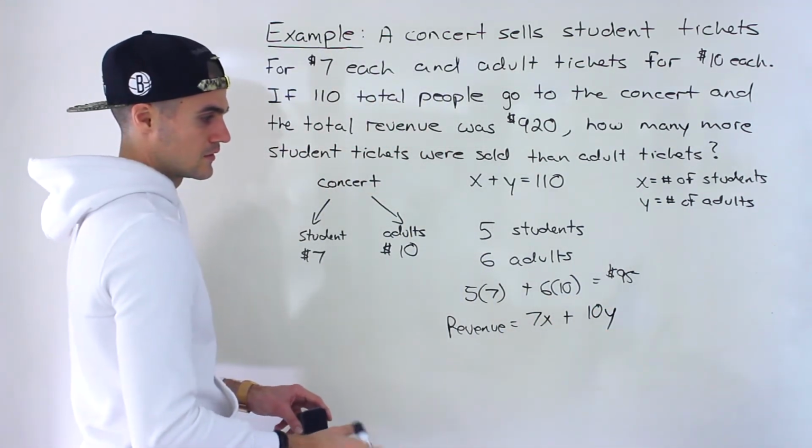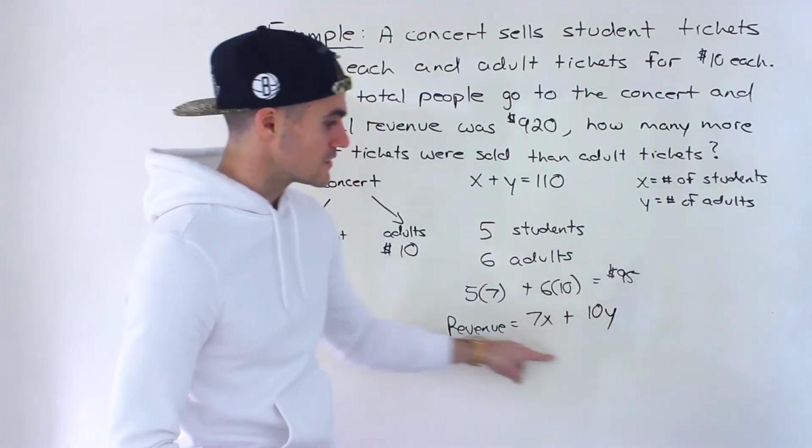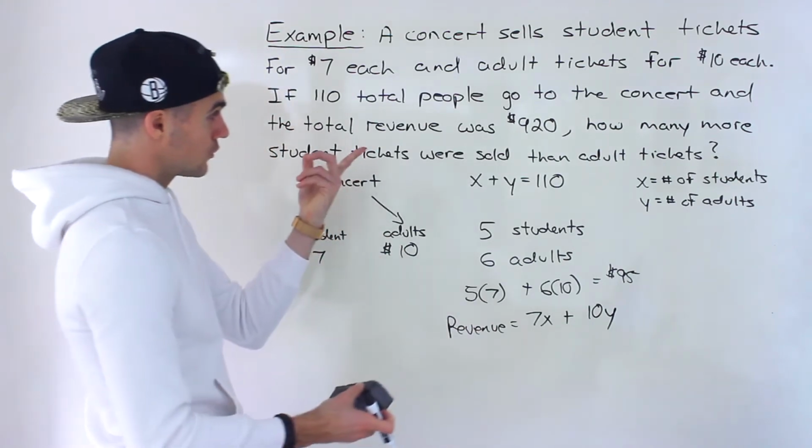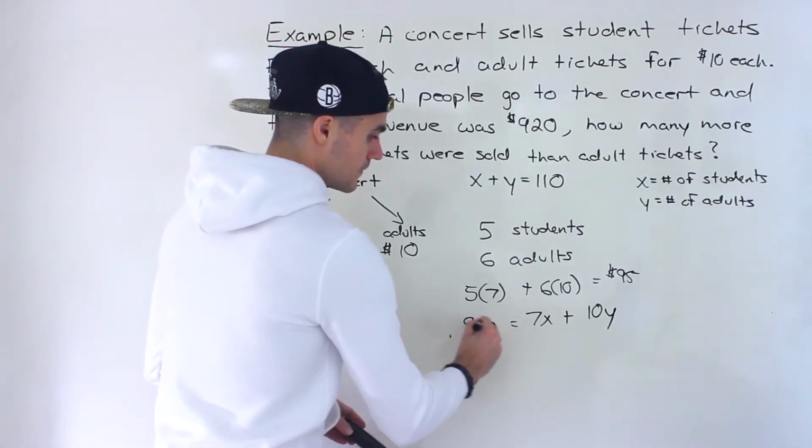We plug in the number of students and adults, and that gives us the total revenue. But we're told the total revenue was $920. So this here is just $920, like that.